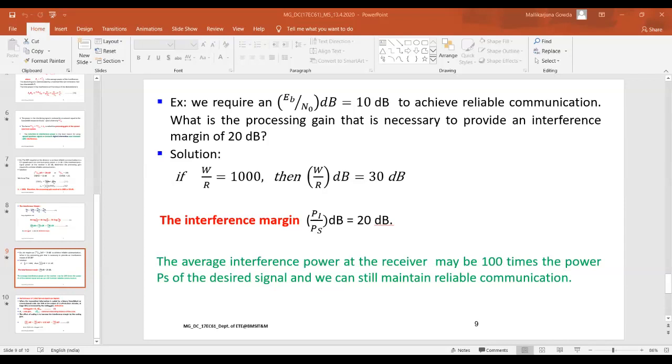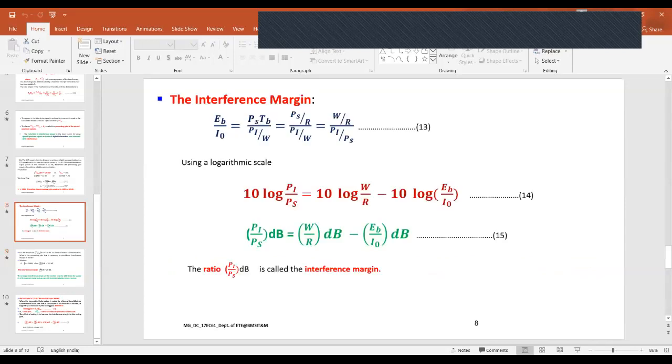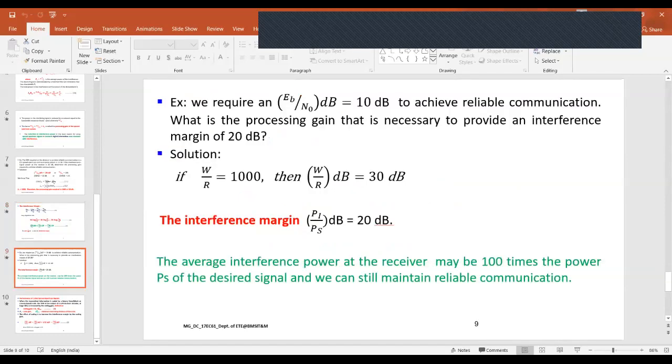He has given Pi/Ps as 20 dB and Eb/I0 as 10 dB, so I can calculate the value of W/R. This is 20 and this is 10, so 20 plus 10 is 30. So W/R will become 30 dB. That is what is done here. 30 dB in terms of ratio is 1000.